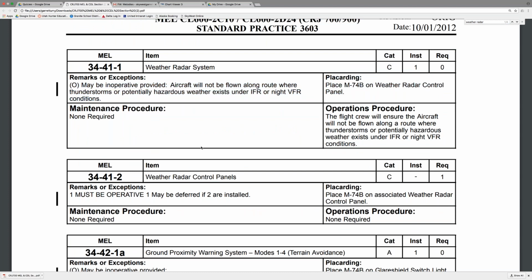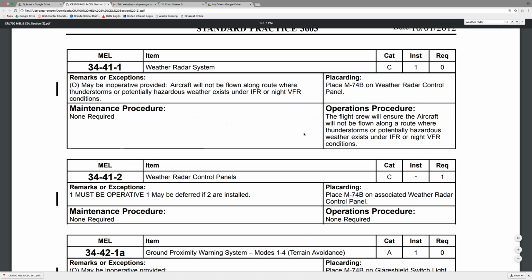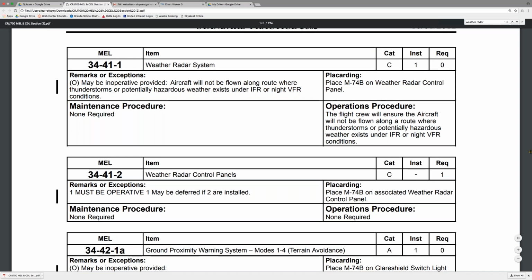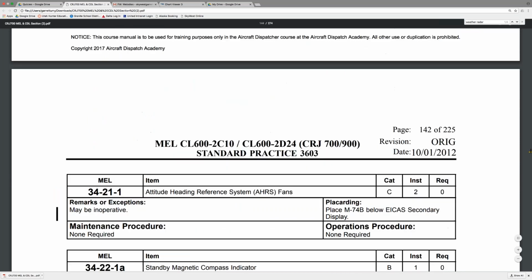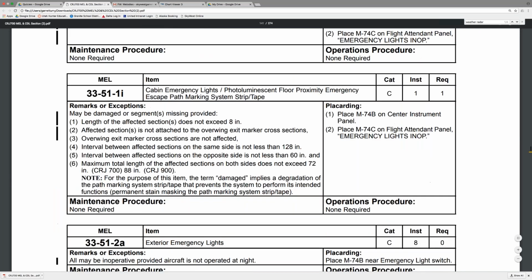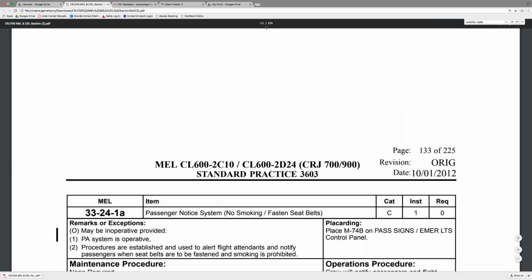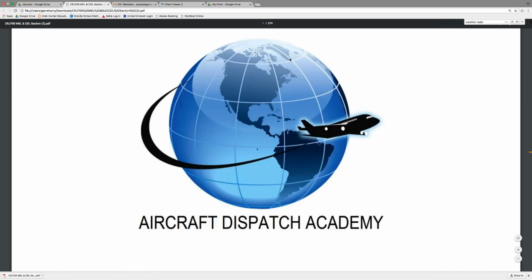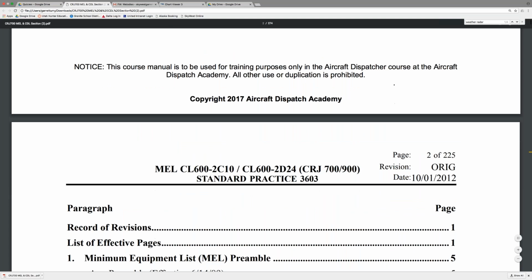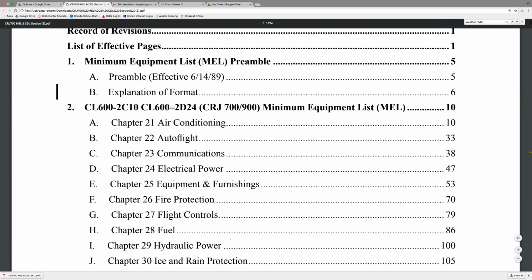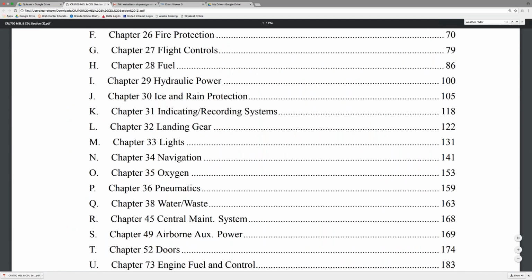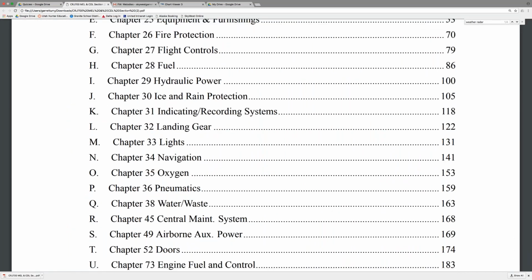Does that make sense? So if you're ever looking for something, you can always Control F it in the MELs, and that will get you started. It's probably easier to start in the index, but if worse comes to worse, you can use the search function and it'll pull up everything in that document.